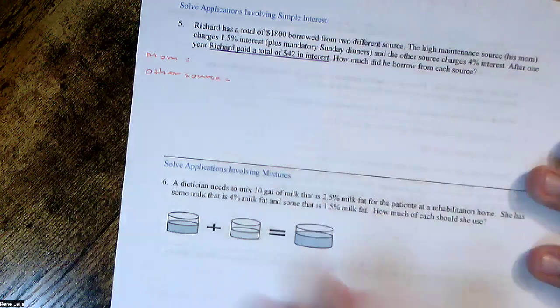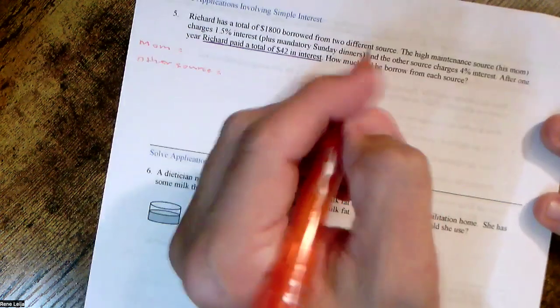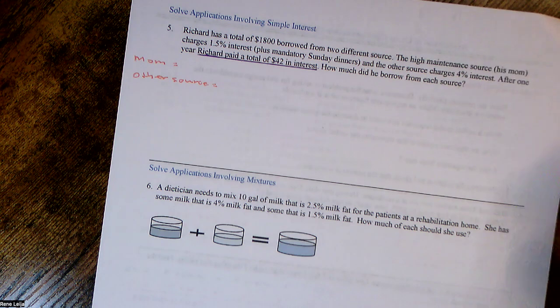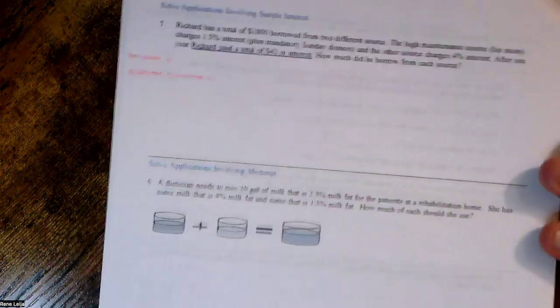Okay. So our verbal model, since we're talking about interest, let me make sure I want to be consistent. Yep. Okay, so I'm going to do this in purple.